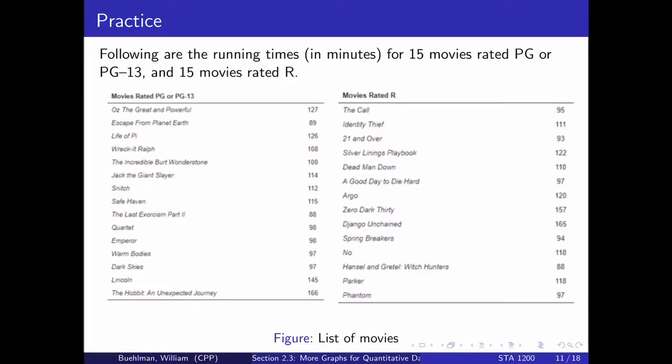So again, here's a practice for you now. The following are the runtime in minutes for 15 movies that were rated PG or PG-13 on the left-hand side, as you see. And then on the right-hand side, we have 15 movies that were rated R. So your goal here is going to be to do the following.